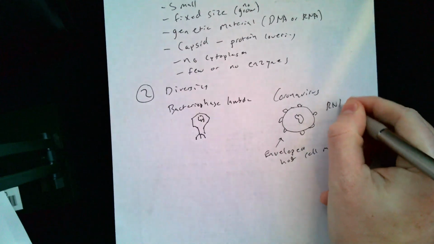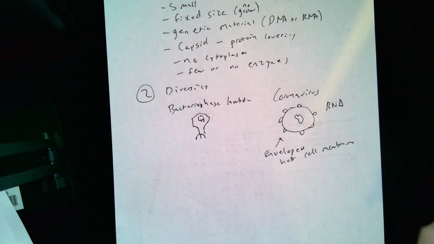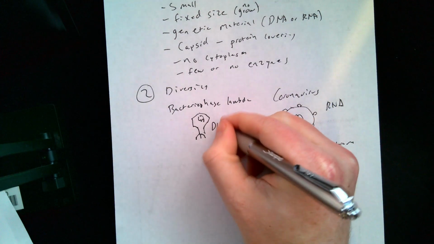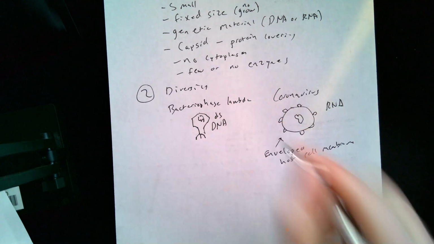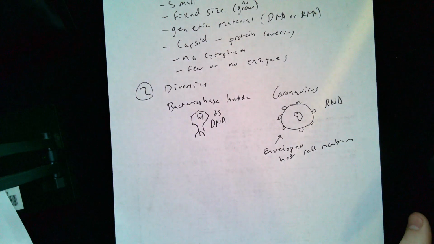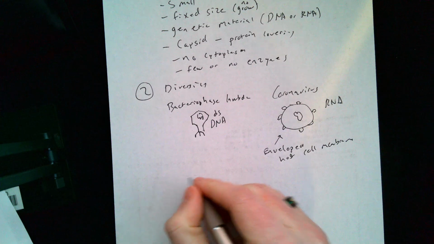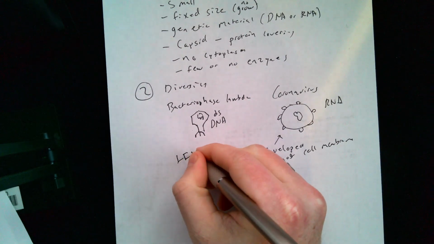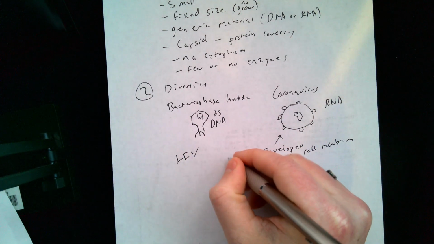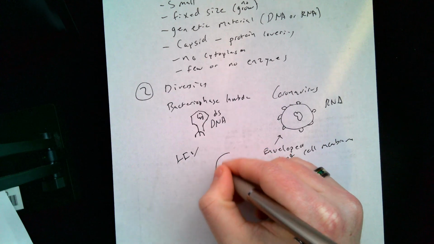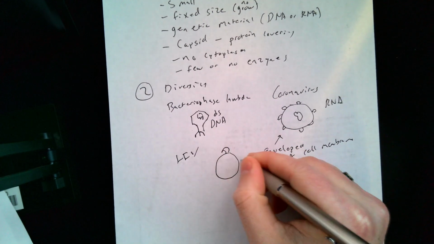Coronavirus has RNA, whereas bacteriophage lambda is DNA, and it's double-stranded. So DS stands for double-stranded. And then HIV is another one, very similar looking to coronavirus.